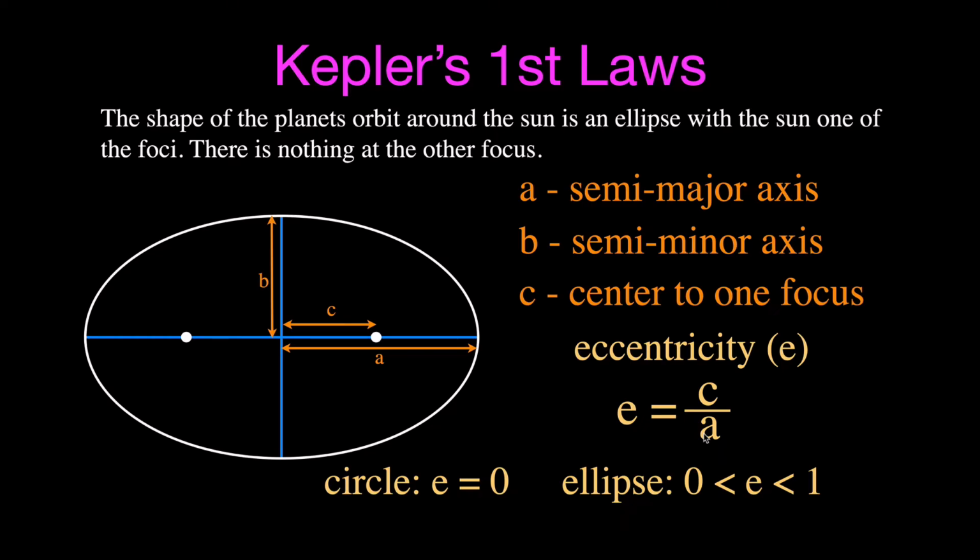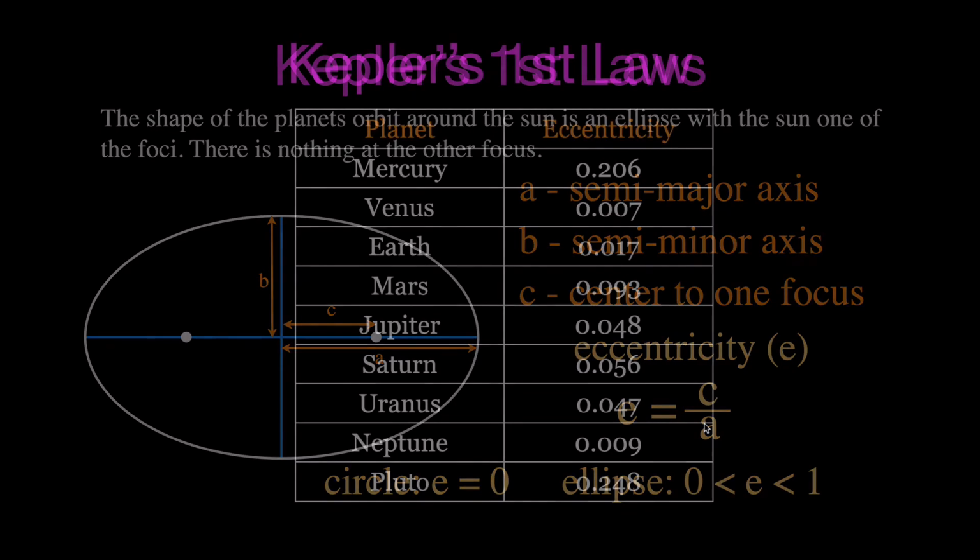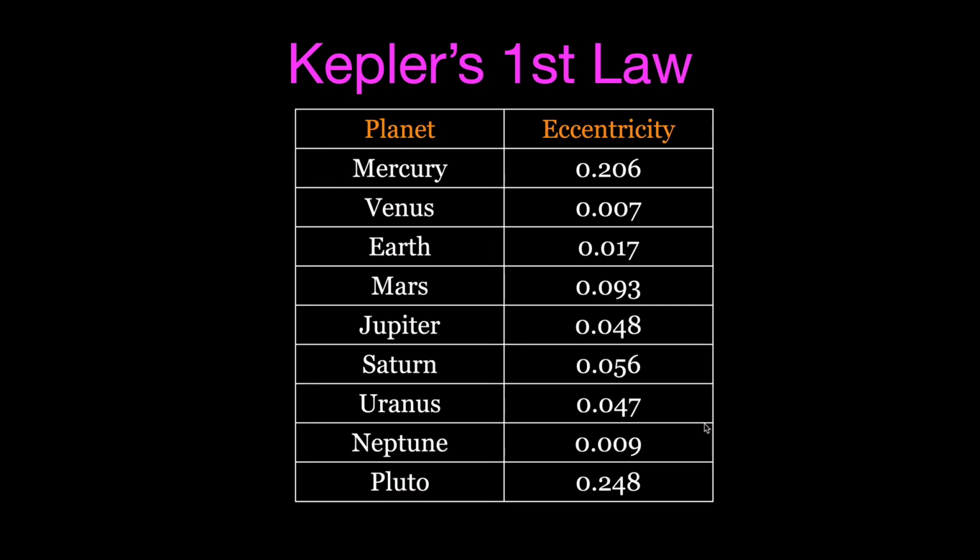Okay, so that's kind of the anatomy of an ellipse, and it's important to remember that the eccentricity can be calculated simply as the distance from the center to one of the foci divided by the length of the semi-major axis.